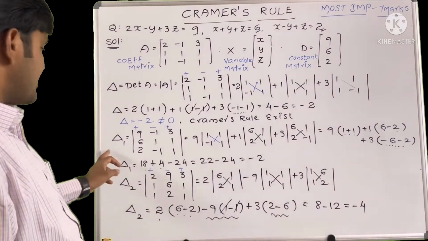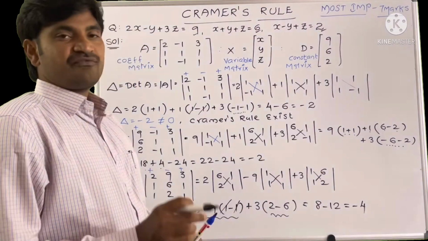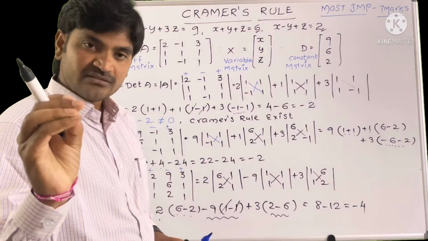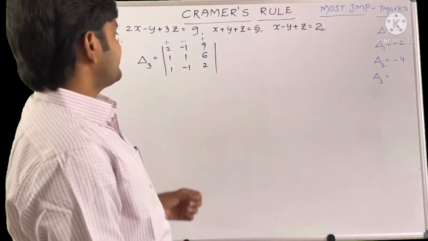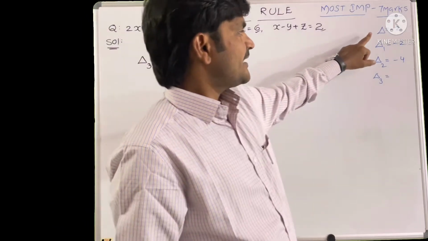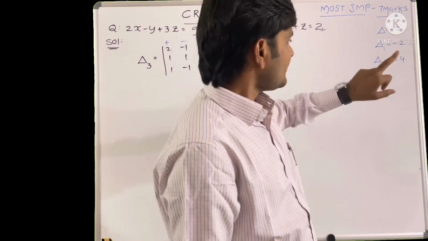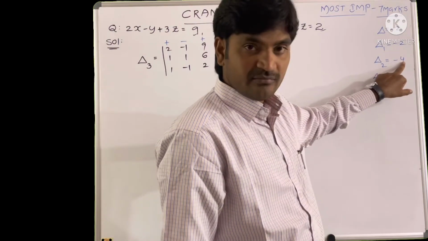Now we have the delta 1 value and also the delta 2 value. Now we want to find the delta 3 value. Before that, the delta value is minus 2, the delta 1 value is minus 2, the delta 2 value is minus 4.